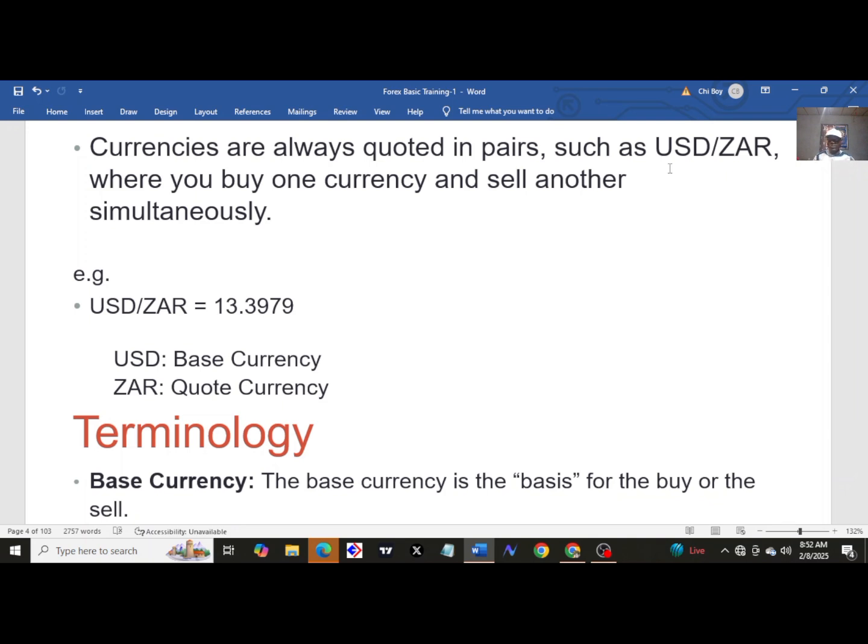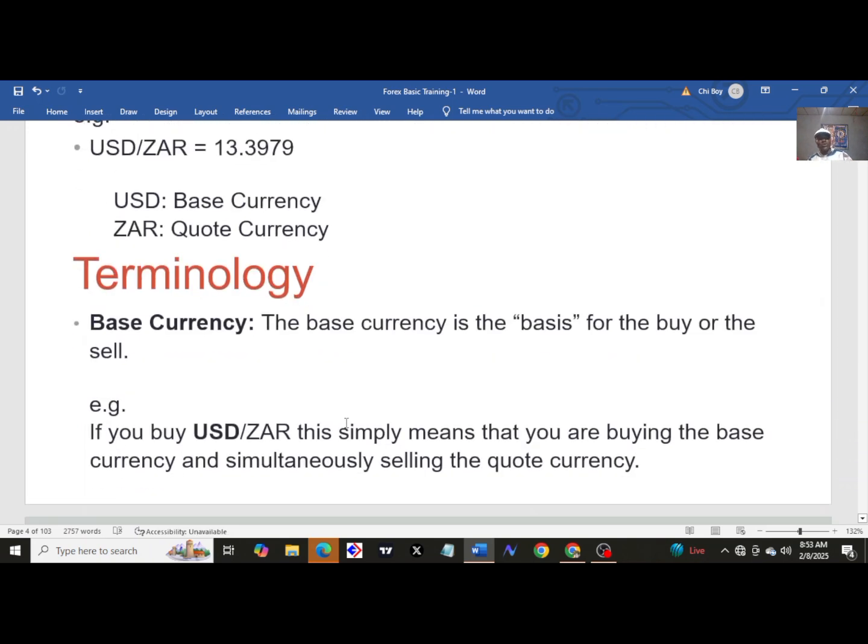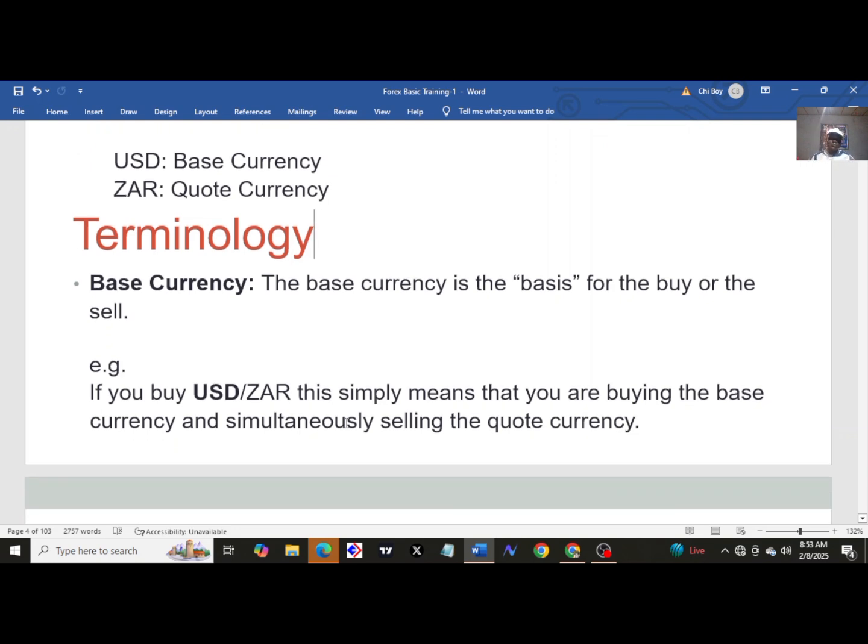So in this case, the US dollar is the base currency, while the South African rand is the quote currency. We want to look at some terminologies, which is going to be the last part of this series, guys. Continue in our next video.